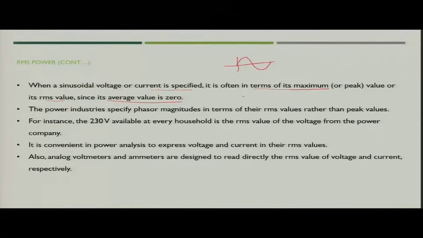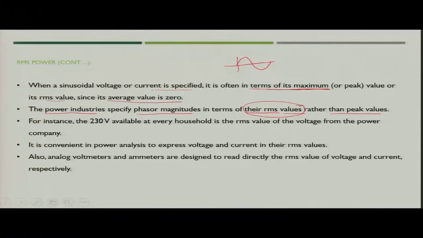That is why you will always see the value of voltage and current specified as maximum or RMS value. But in our day to day life, the power industries specify phasor magnitude in terms of their RMS values rather than the peak values. So, that is why the RMS term is very common.